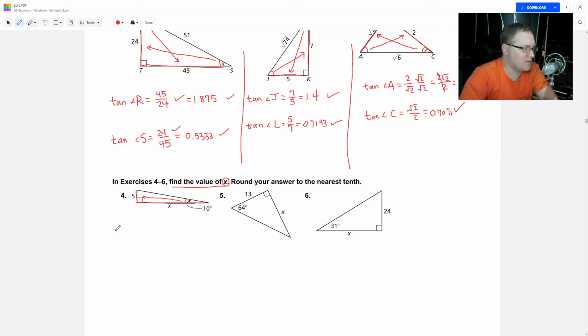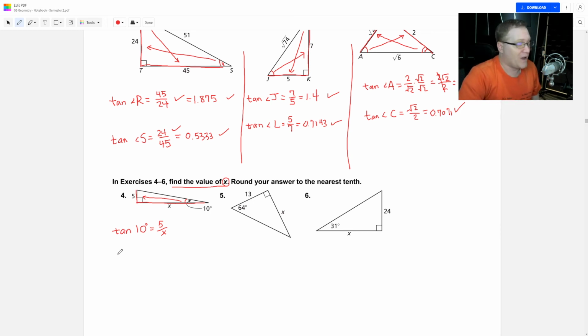So that means the tangent of 10 degrees is going to equal 5 over x. We know that because the tangent of the angle is always equal to the opposite side divided by the adjacent side.